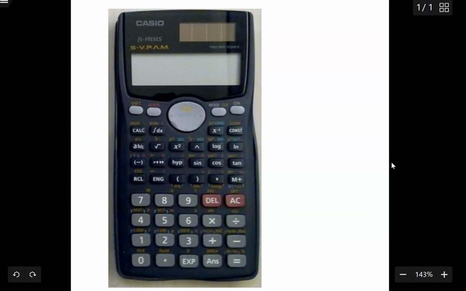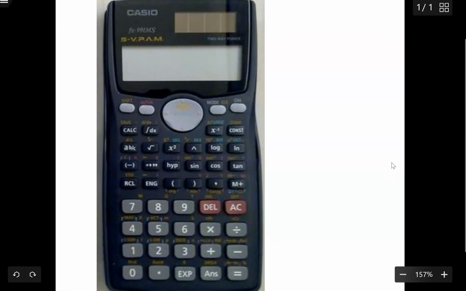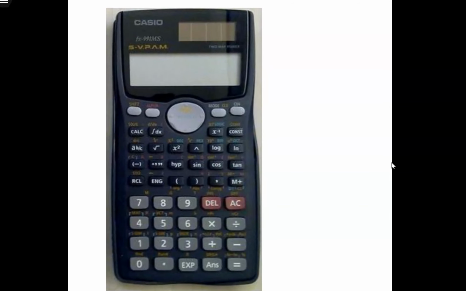So on this calculator, Casio FX991MS, I would like everyone to pay attention to this key right here. It has an A b/c, and if you press Shift, you can see that it's d/c, representing an improper fraction, and this key here represents a mixed number.